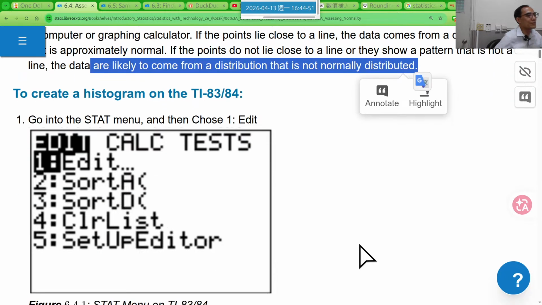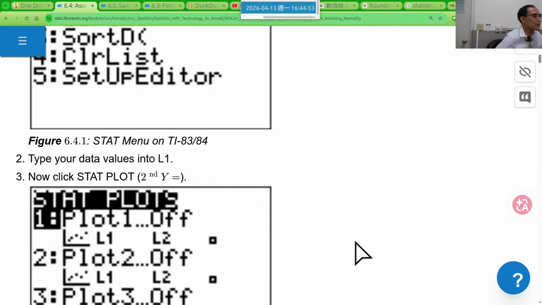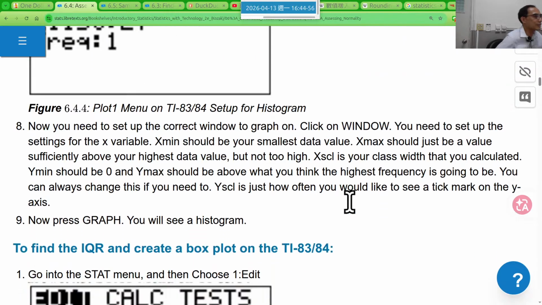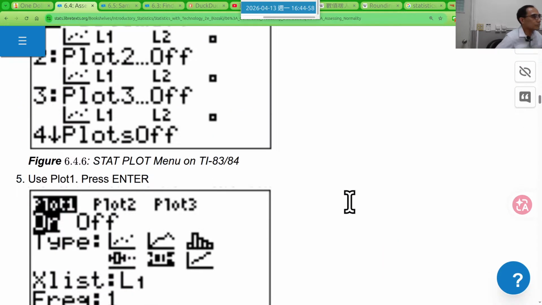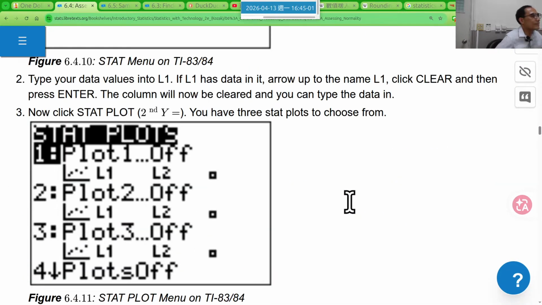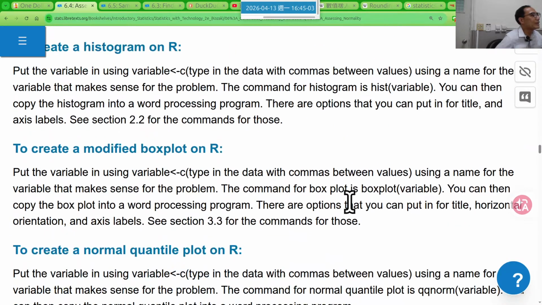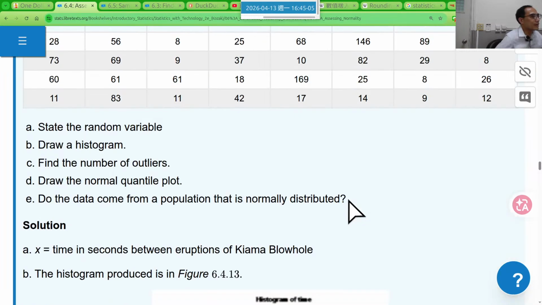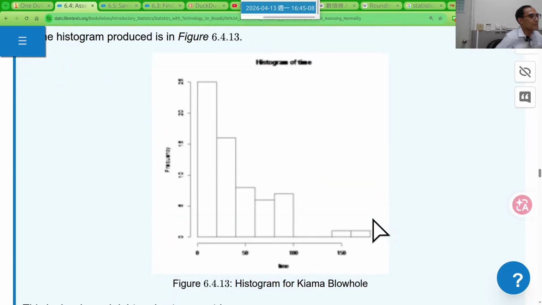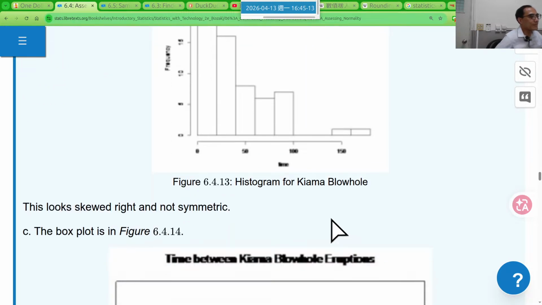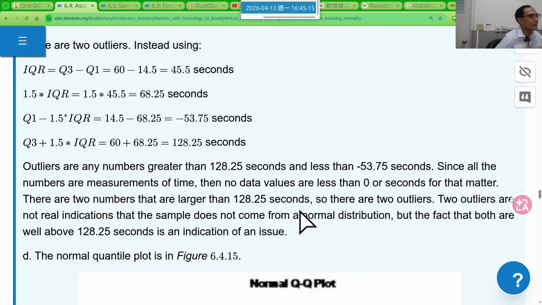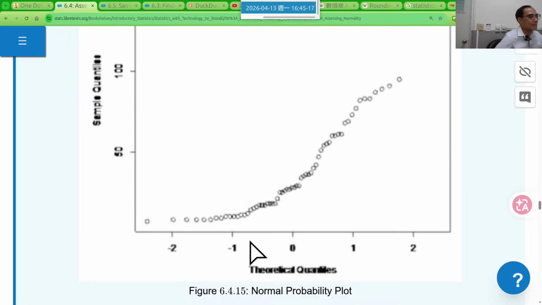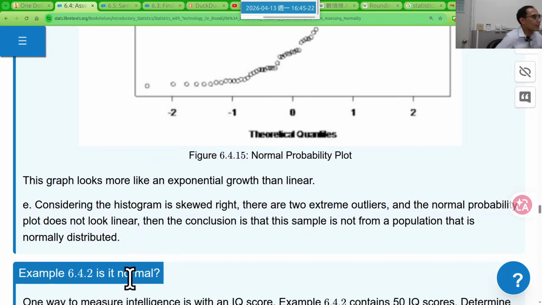I know you may get confused, so let's check here. The textbook gives this example, like this one, and like this one, which should be close to a line, but it isn't.